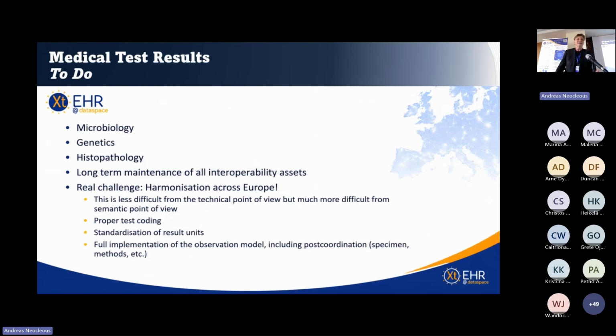But the real challenge was not the specification itself. Technically, we can cover all of these areas relatively soon. But the real challenge is the harmonization, the implementation of those specifications in real practice. That is not only about proper test coding, because there are still problems even inside the countries which are using one code system.